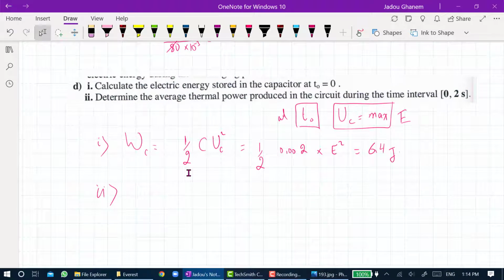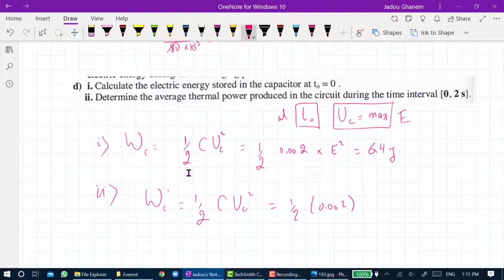If we want to talk about the thermal power between this time interval, we will use the same equation, which is, let's write it as WC prime, which is half C UC squared. The value of the capacitance is still the same, so it's 0.002, and half will remain. Just the value of the voltage is the one changed. At t equal 2 seconds, we said that this is tau.